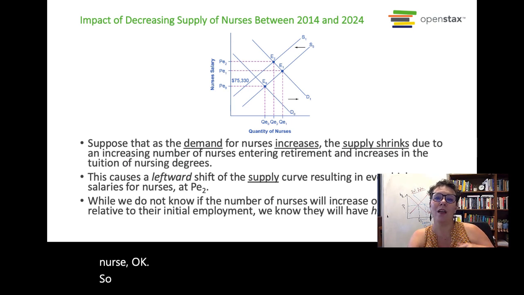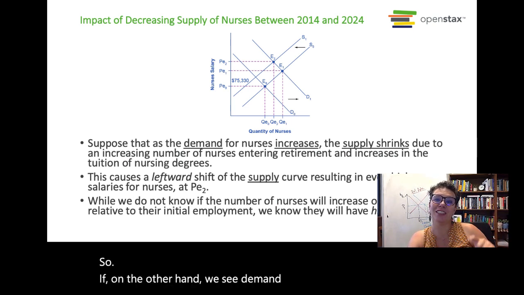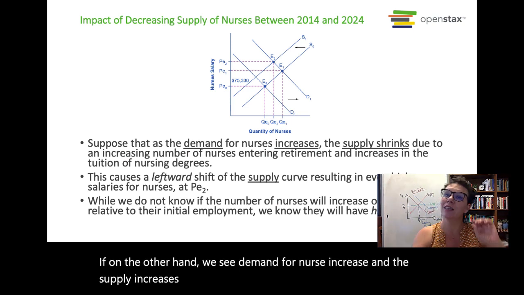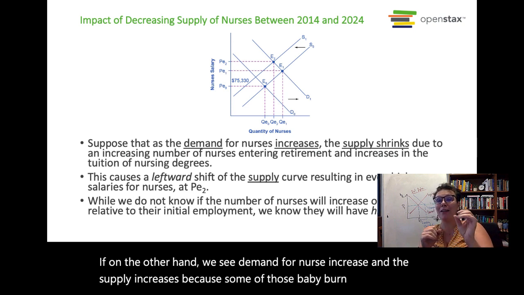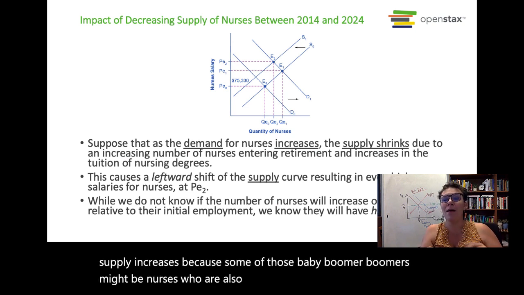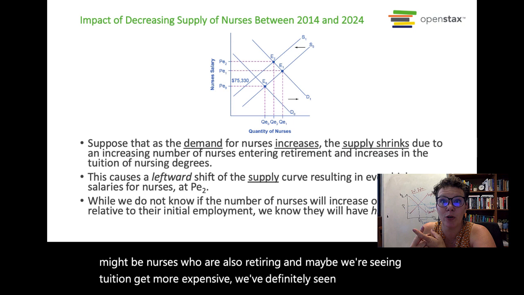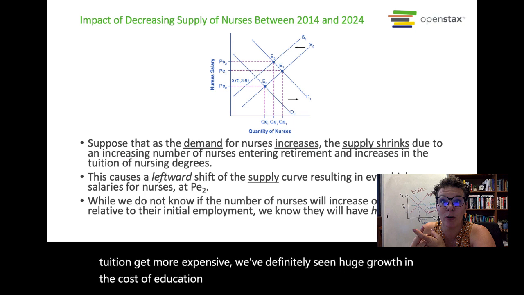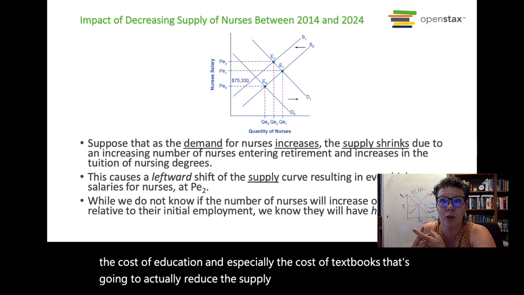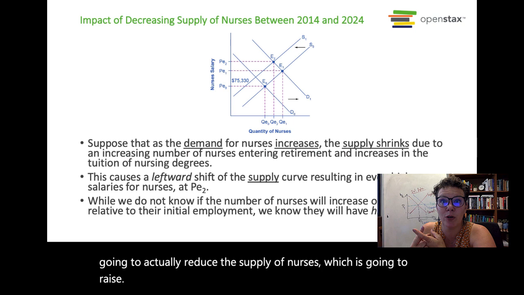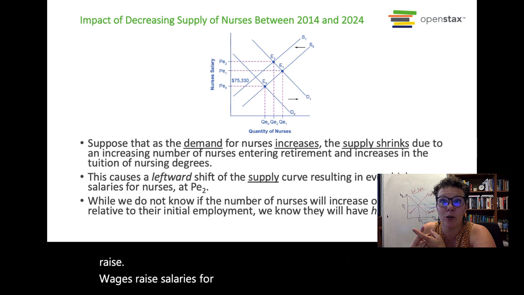So if, on the other hand, we see demand for nurses increase and the supply decreases because some of those baby boomers might be nurses who are also retiring, and maybe we're seeing tuition get more expensive. We've definitely seen huge growth in the cost of education and especially the cost of textbooks. That's going to actually reduce the supply of nurses, which is going to raise wages, raise salaries for nurses even more.